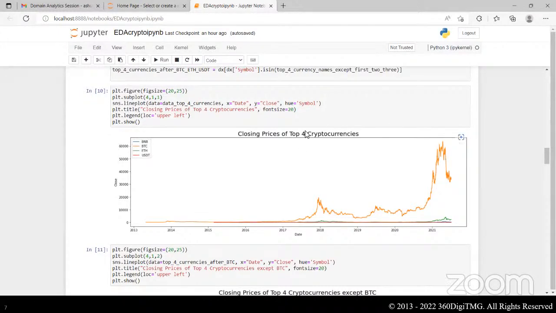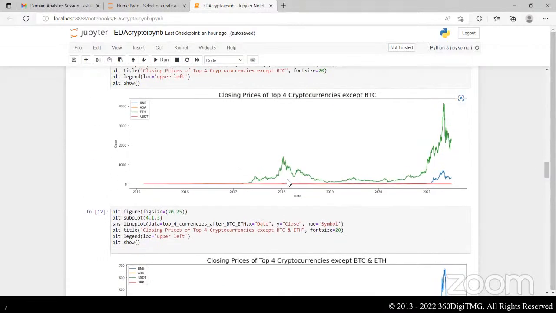Among these top cryptocurrencies, the growth of your Bitcoin, Ethereum, and USDT over the last 5 years was beneficial among the investors. If you observe, let's discuss Ethereum.